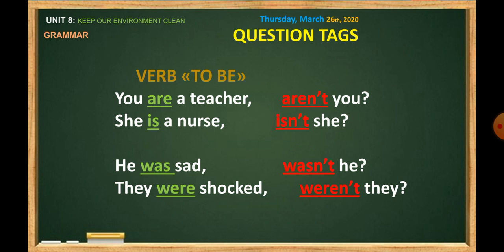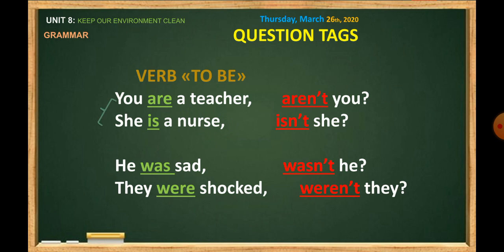We also form question tags using auxiliary verbs like to have. We form question tags using modal verbs, and that's what we will see in the coming slides. In this slide we have verb to be. So here we will see how we form question tags using verb to be.